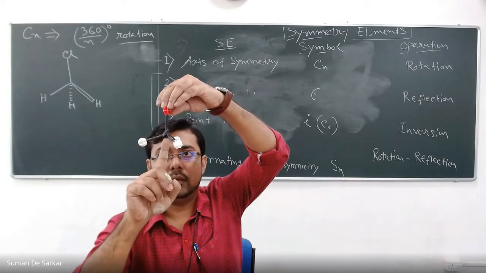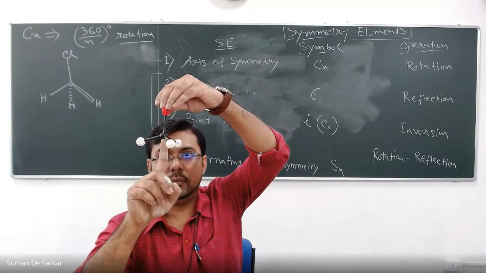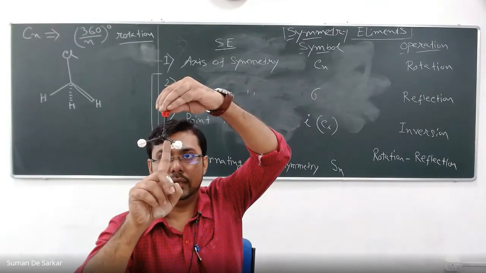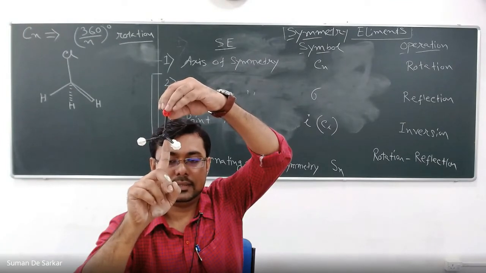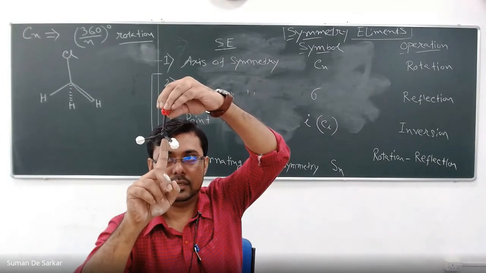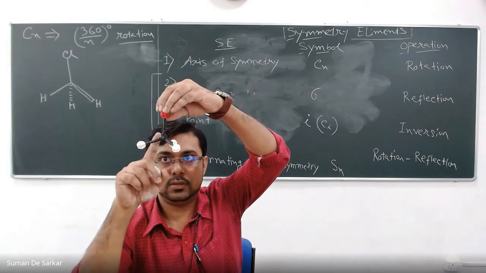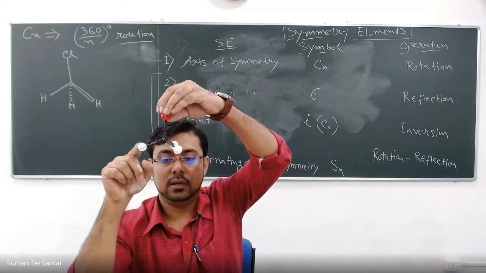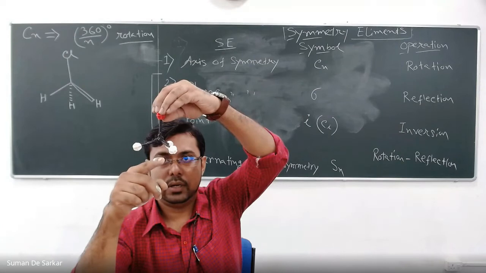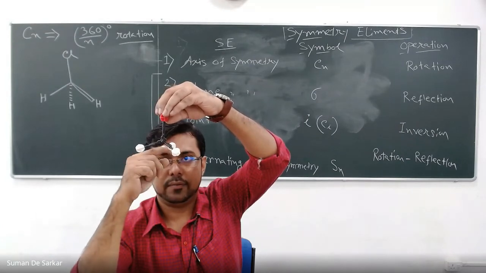You have to rotate the molecule to a certain degree so that it regains the initial position. You see, in this position also it is the same: carbon-chlorine is here, this hydrogen is on this side, one hydrogen towards you, one hydrogen away from you.